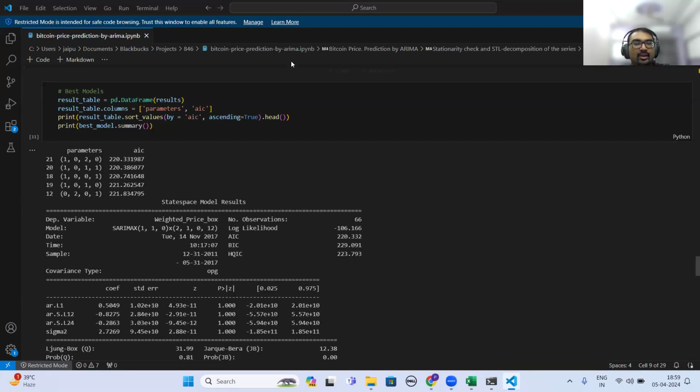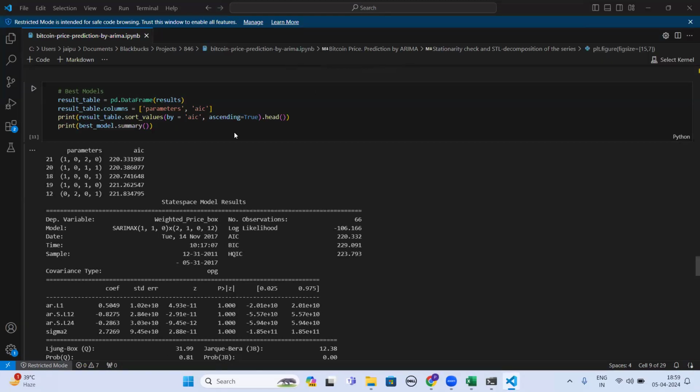Here you can interpret the model that is available, right? So basically, this is one way in which you can get an idea about all the parameters. You can create the model and move ahead with the section.